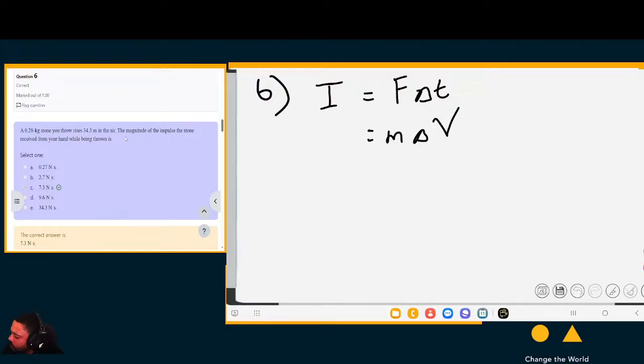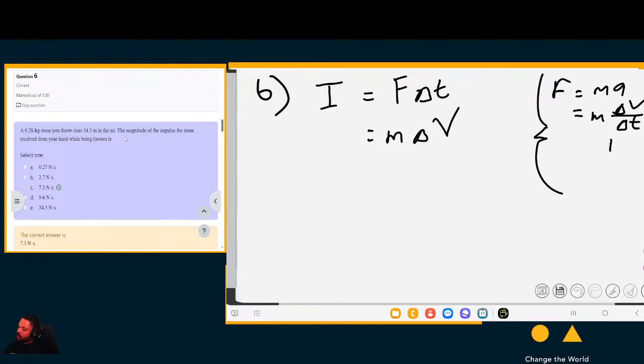Now I'm not going to derive that formula. It should be quite easy to see how you get that formula. Let me see if I can do it quickly. We know that force is equal to mass times acceleration. Acceleration is the change in velocity over the change in time.